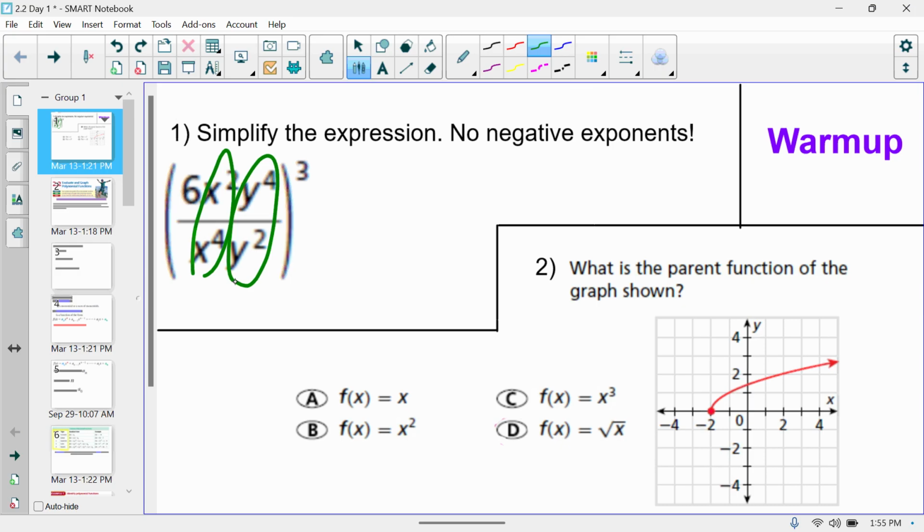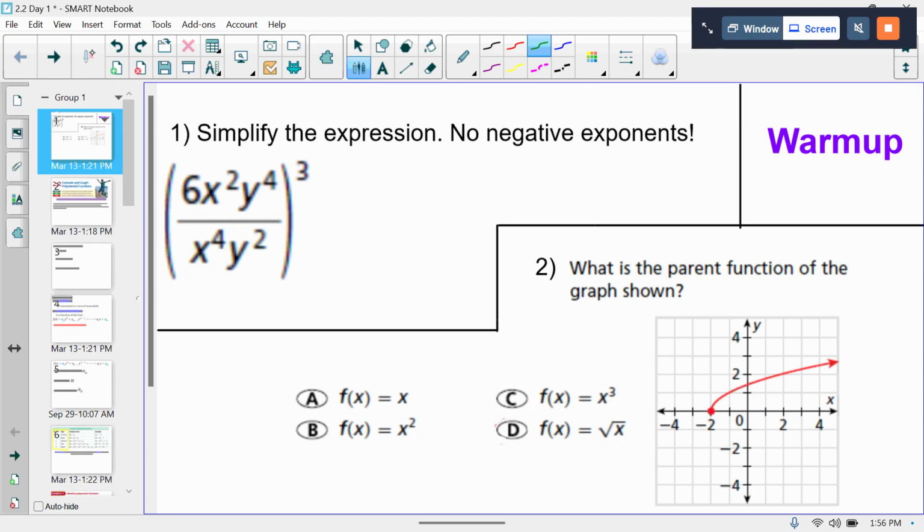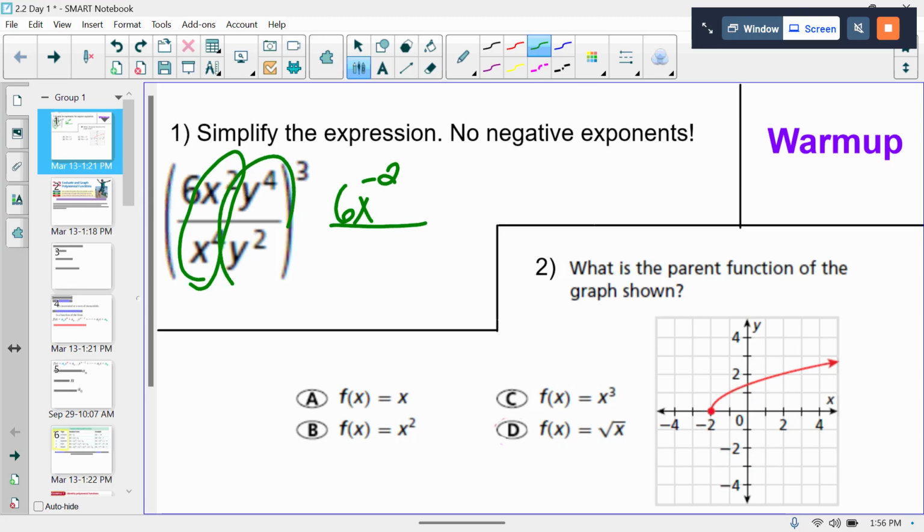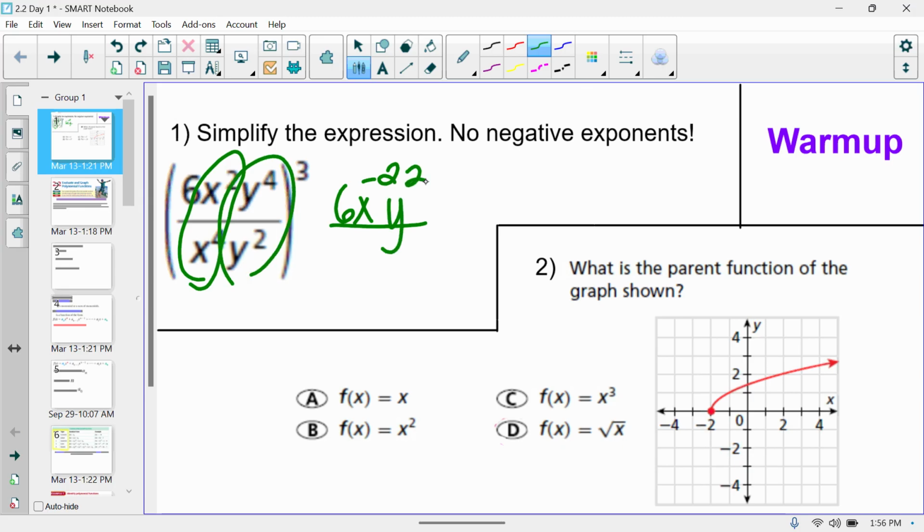I usually simplify inside the parentheses, so we could go ahead and do that first if we want to. If we do, I'm just going to leave the 6 alone for a second. So x to the 2 minus 4, you do. That's negative 2. And then y to the 4 minus 2. Remember, you always write it in the numerator when you use that rule.